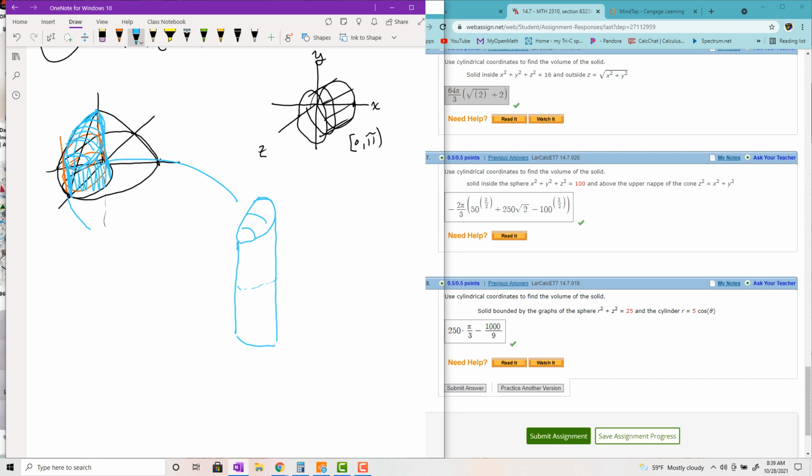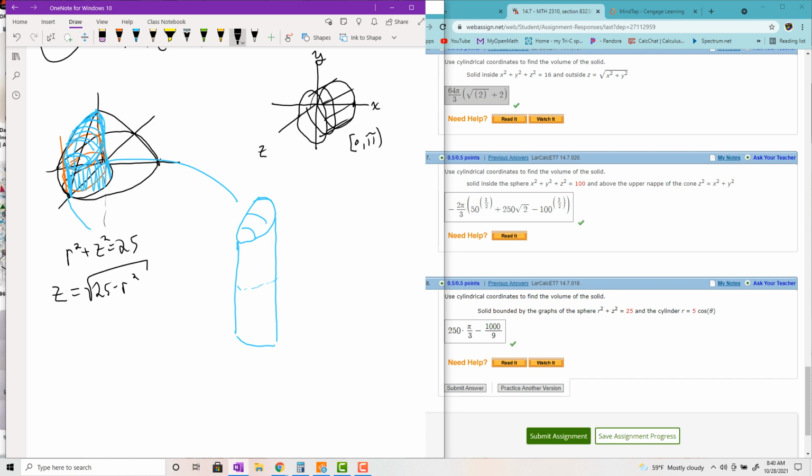All right, so that formula, originally it was r squared plus z squared equals 25. Now I can rewrite it as z equals the square root of 25 minus r squared. And of course I'm going from basically the xy plane up to the sphere over top of that region.